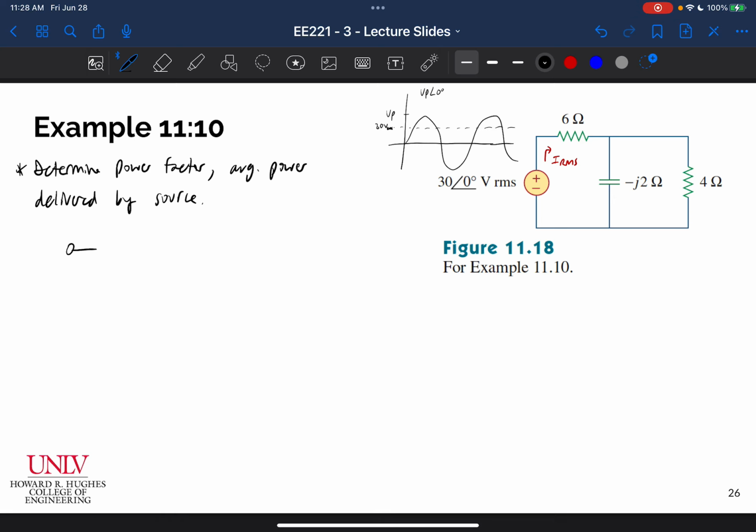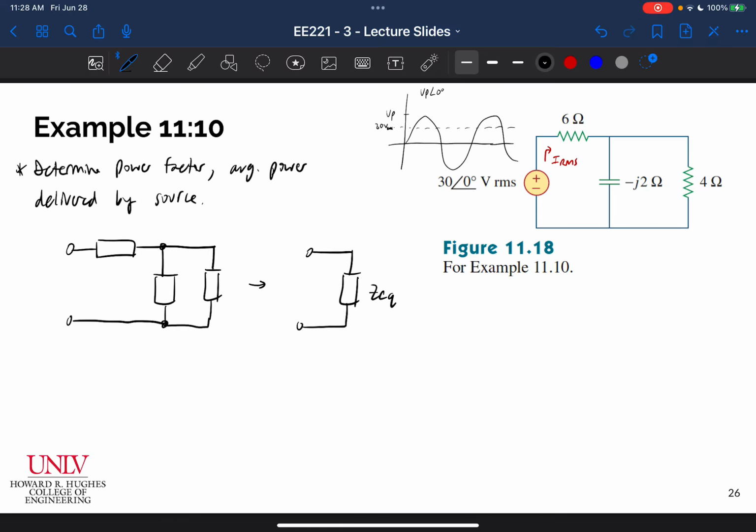We can replace the resistors and the capacitor with equivalent impedances, and then replace this entire thing with a single impedance, ZEQ, which is what we're after. If we can determine ZEQ, then we know I RMS, because it's just the RMS voltage across my equivalent impedance. So let's go ahead and do that.